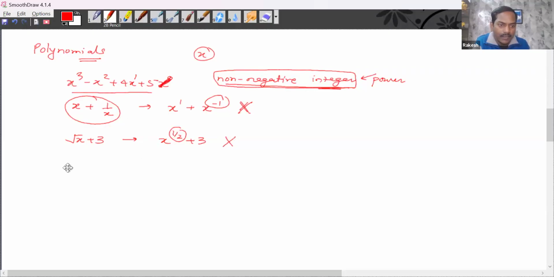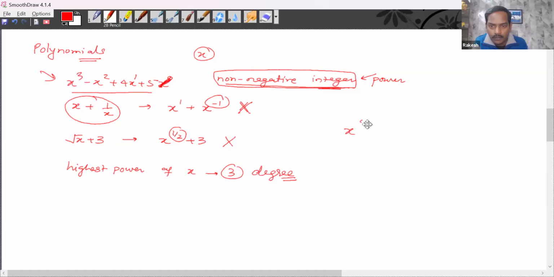Here, the highest power of the variable x is equal to what? 3. So we call the highest power of the variable for any polynomial the degree. So this is a polynomial with degree 3 because the highest power of the variable x in this case is 3.